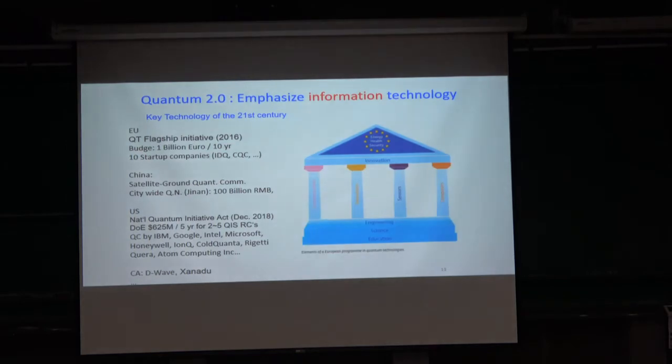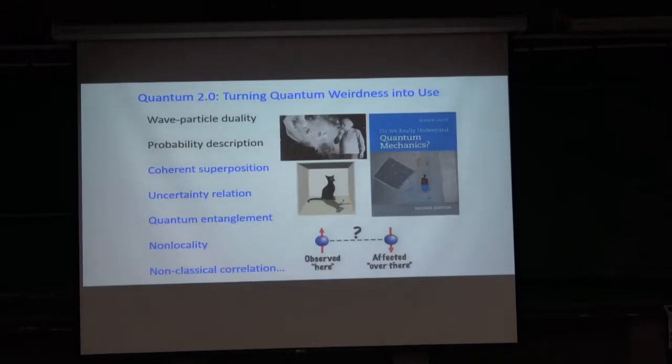And this second quantum revolution emphasizes more the information technology. And as you know, many countries throw a lot of money to emphasize this. For this quantum 2.0, people want to take advantage of much of the strangeness or quantum weirdness, like coherent superposition, uncertainty relation, entanglement, nonlocality, non-classical correlation, and put them into use.